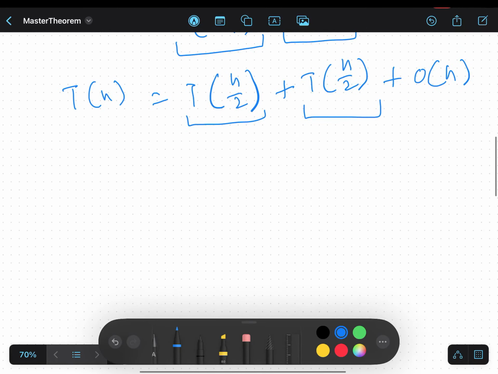Okay. So then if we generalize this, a general recurrence looks something like this.